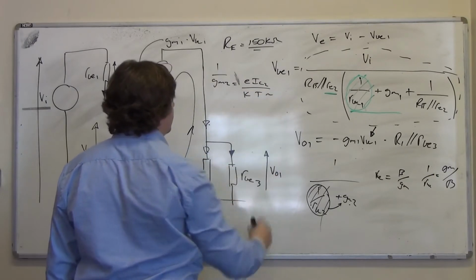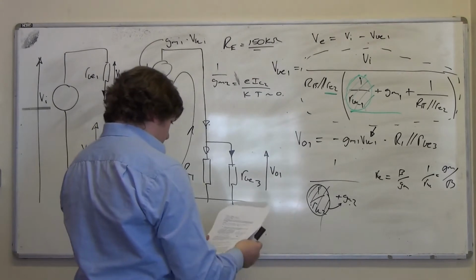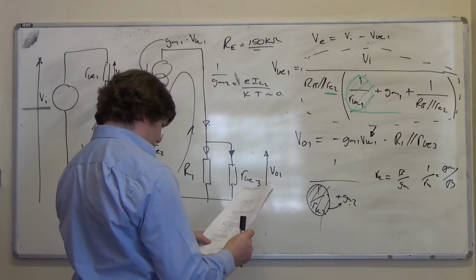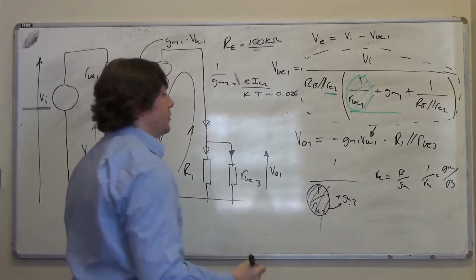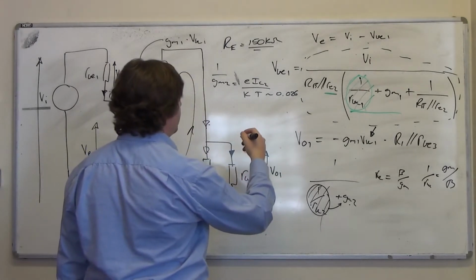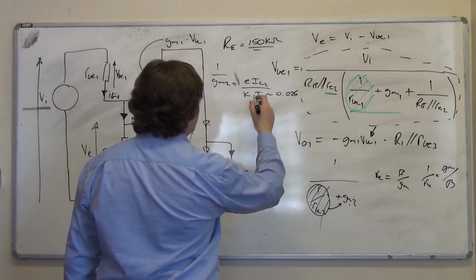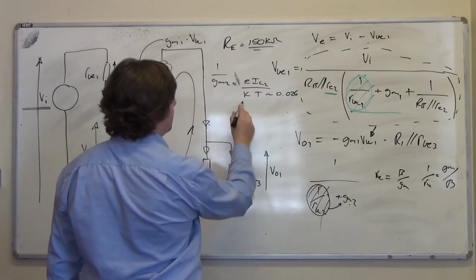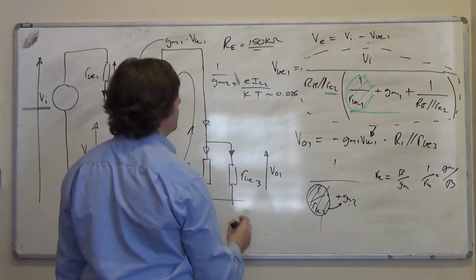If we assume that KT is 0. What does it say in here? So I derive the same numbers. KT is 0.026. I'm not sure what temperature that's worked out for, but it'll be about room temperature, almost certainly. If you prefer, you can say 1.6 E minus 19, 1.38 E minus 23, 300 Kelvin or so.